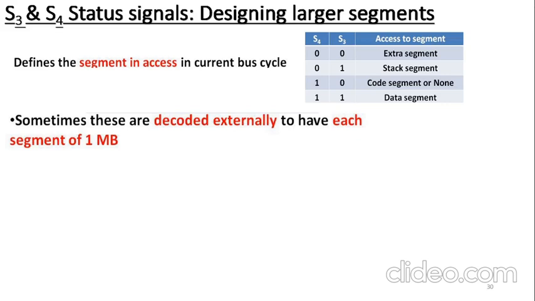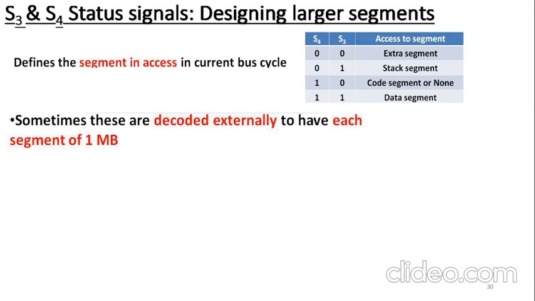Now, I have already stated, even in the pipeline operation of the 8086 processor, that the normal size of a segment is 64 kilobytes. But sometimes a 64 kilobyte segment size is found insufficient. We need larger size segments.